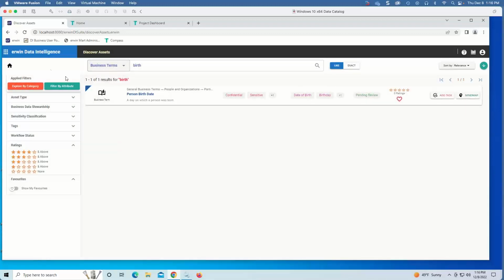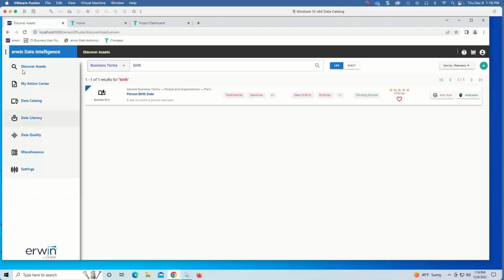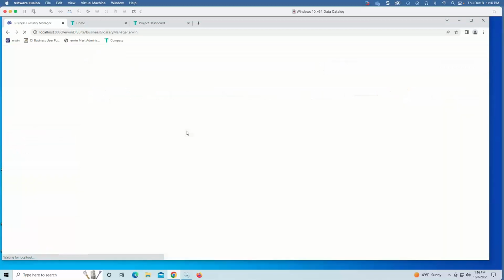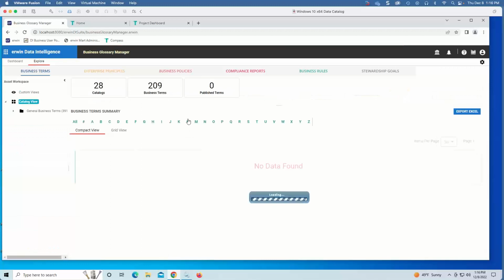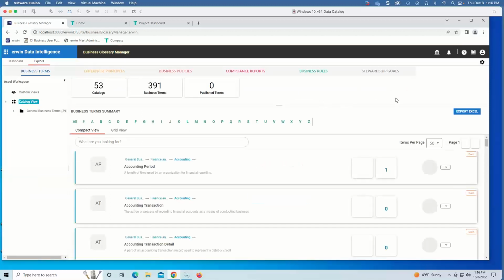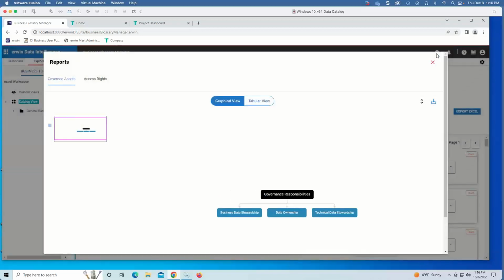Now, one of the things that this data catalog does is that you have the ability to take a look at your data governance structure. So within my business glossary, I can look at my data governance structure here.